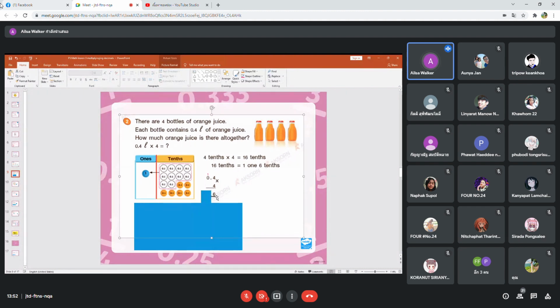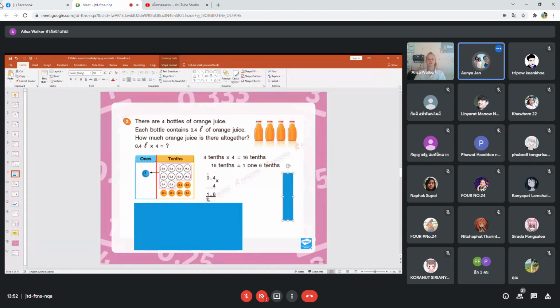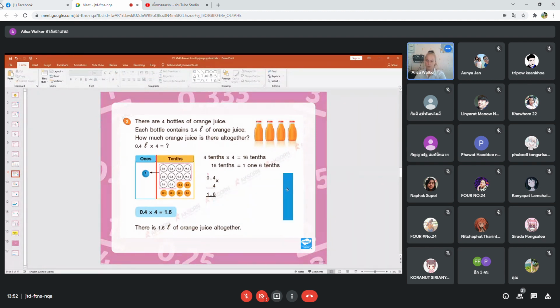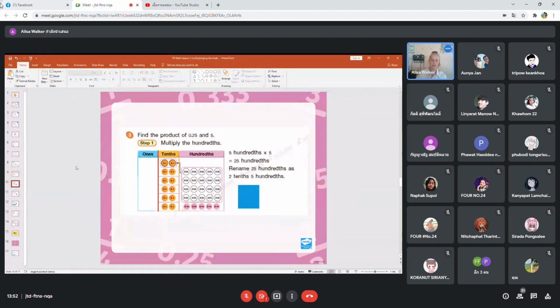You put your 6 here and carry the 1. 0 times 4 is 0, plus 1 equals 1, good. So our answer is 1.6, good, thank you. 1.6, very good, liters of orange juice all together. Okay.